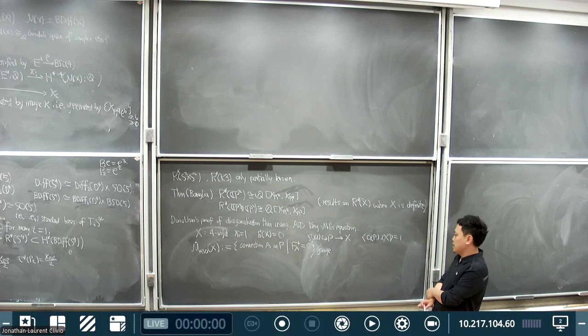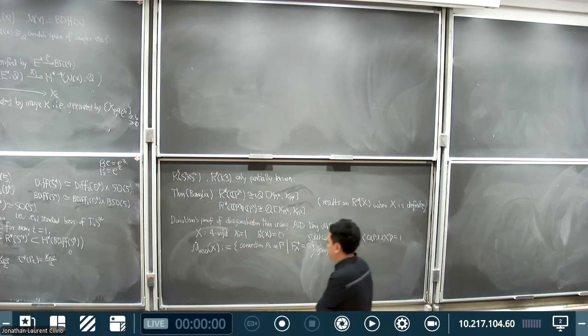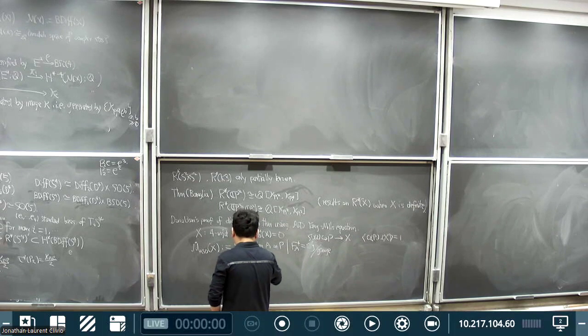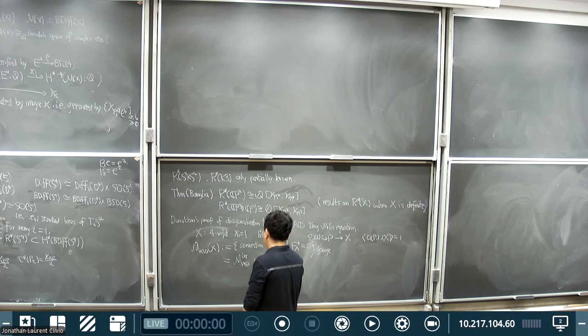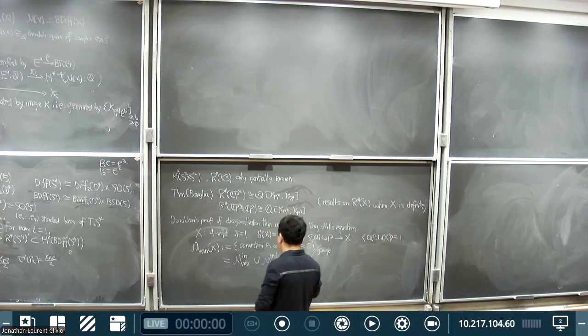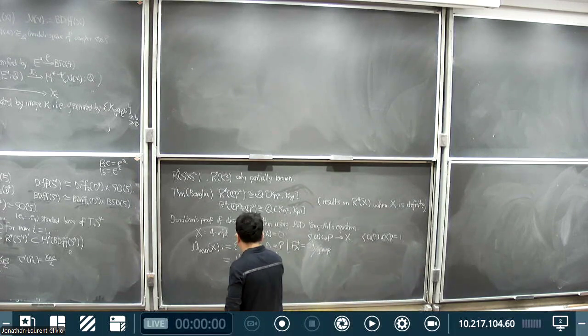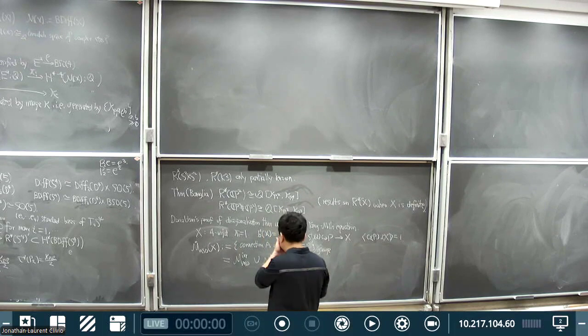So this is the anti-self-dual moduli space, and it has two parts: the irreducible part and the reducible part. What does reducible mean?